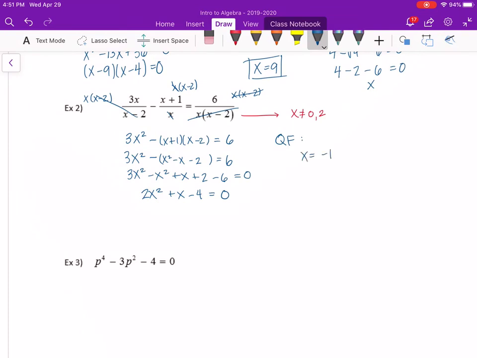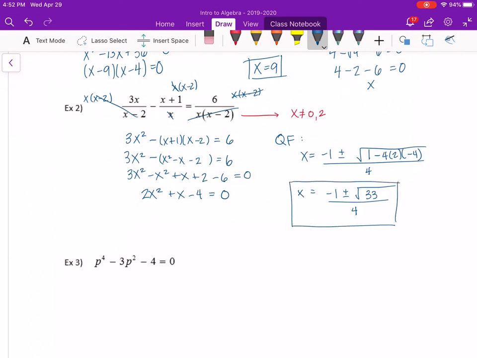So negative b plus or minus the square root of b squared minus 4ac all over 2 times a. And we get 1 plus 32 is 33, which is great. That does not simplify, 11 and 3 and then no pairs at all. So those would be our solutions.